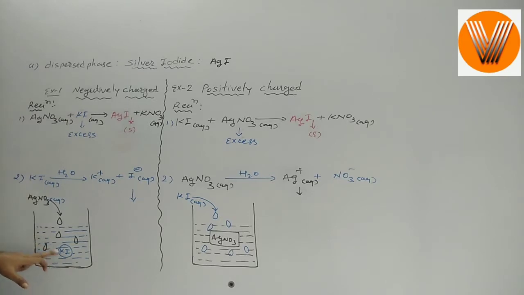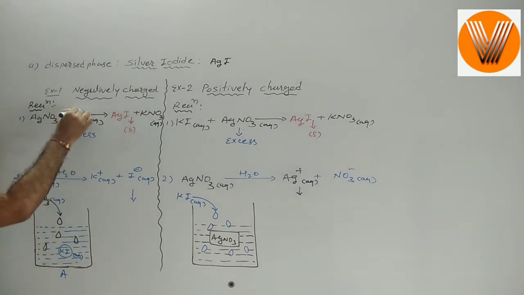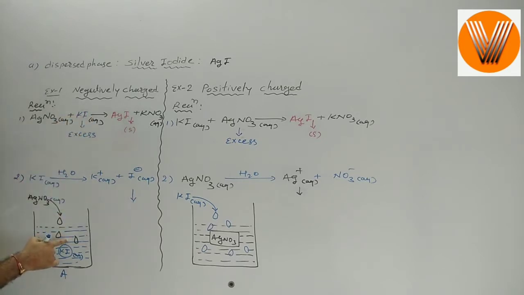You can see here that in beaker A, we will take a very dilute aqueous solution of KI, and a very dilute solution of AgNO3, silver nitrate, we have to add in small proportion. Here KI is in excess, whereas AgNO3 is added in a few drops.